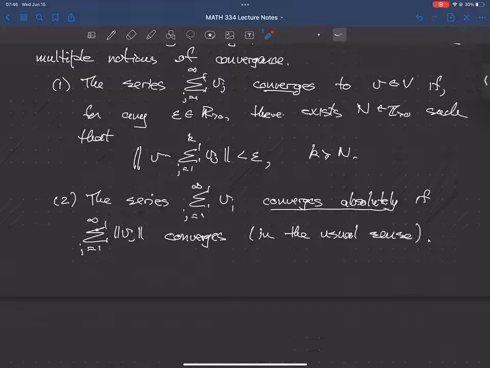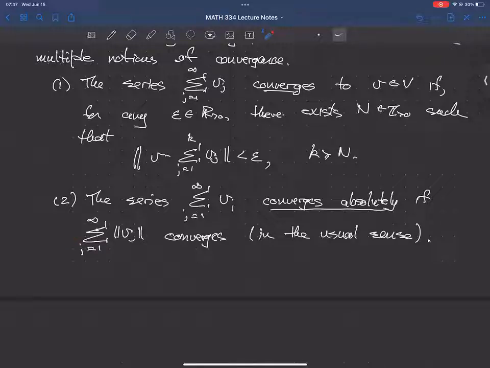So for a series of positive real numbers, convergence is equivalent to absolute convergence, but it's not true for general series of real numbers, possibly also negative, because as we talked about, you can have things like the sum from j equals 1 to n of (-1)^n over n. Sorry, that should be a j, but anyway, the alternating series, which converges in this sense, but does not converge absolutely.